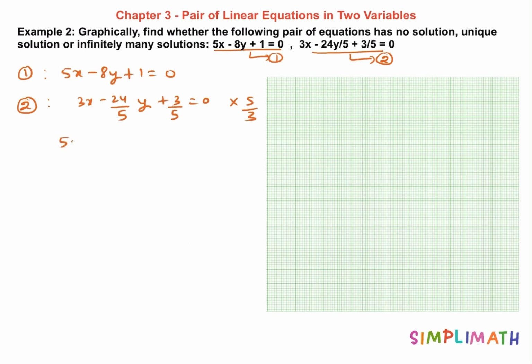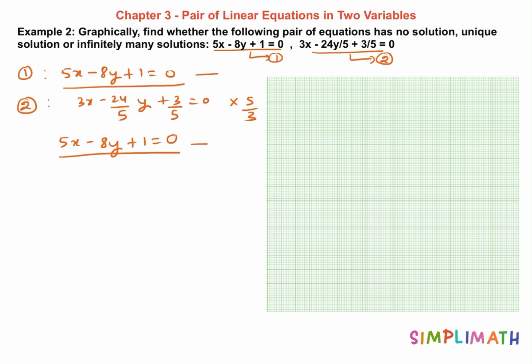So we get 5x minus 8y plus 1 equal to 0. So this is equation 1, this is equation 2. We know that both are same, so they are coincident, and this implies that there are infinitely many solutions. But in the exam, what you have to do is plot the points for both these equations.